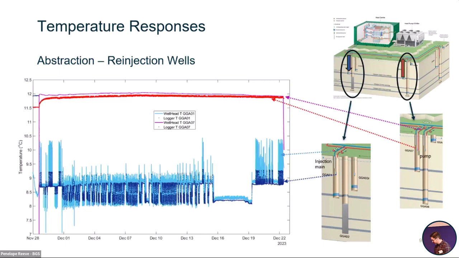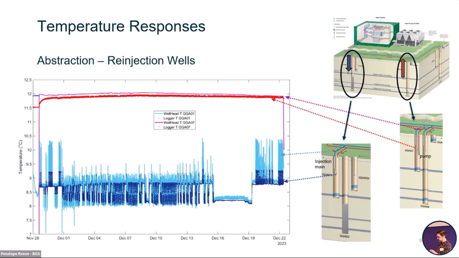This shows it is important when you design your monitoring network to consider what you're measuring, as there are different responses. You can see they are quite stable over the length of the experiment. There's a slight decrease at the end, but it's very constant around 11.9 degrees Celsius. Now you see some light and dark blue lines that are injection wells.